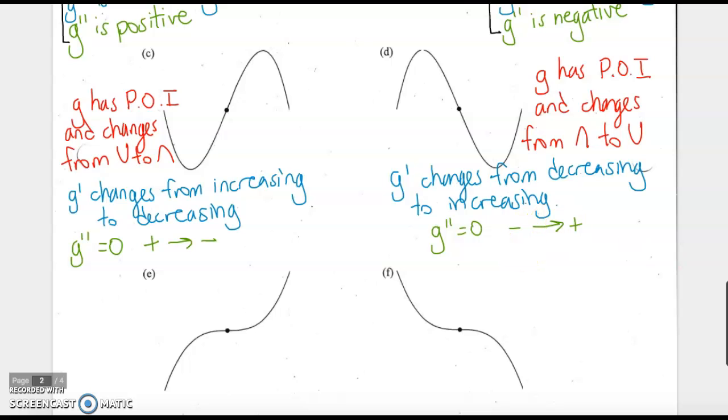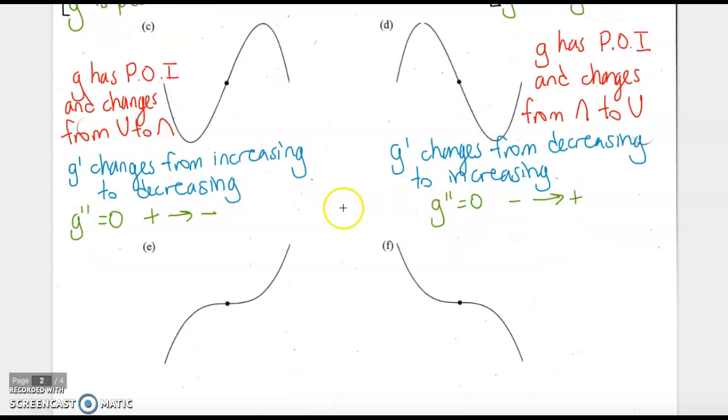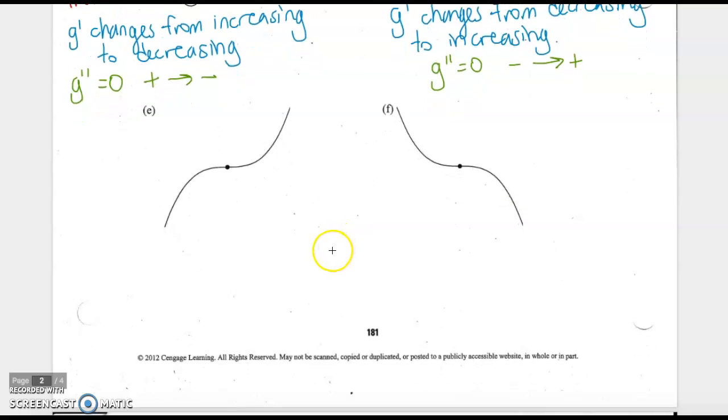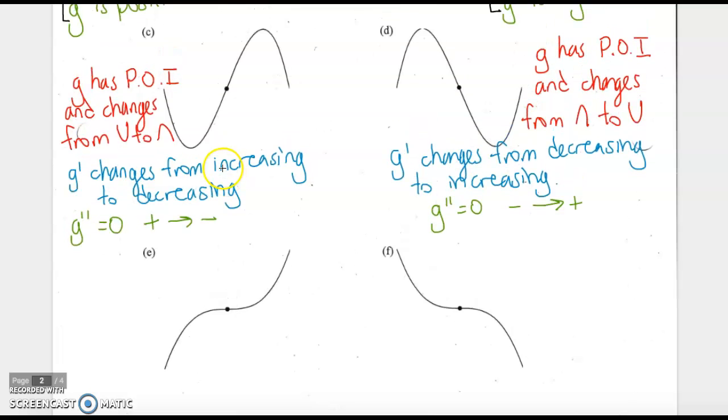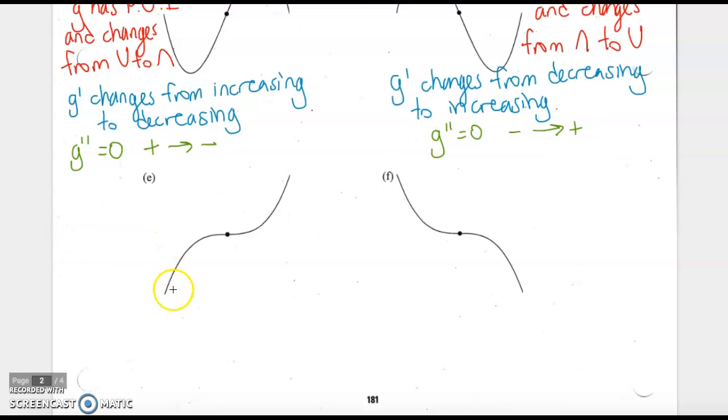Cool. All right, let's go ahead and look at this last one. On this graph, we have a point of inflection where your graph changes from concave down to concave up.